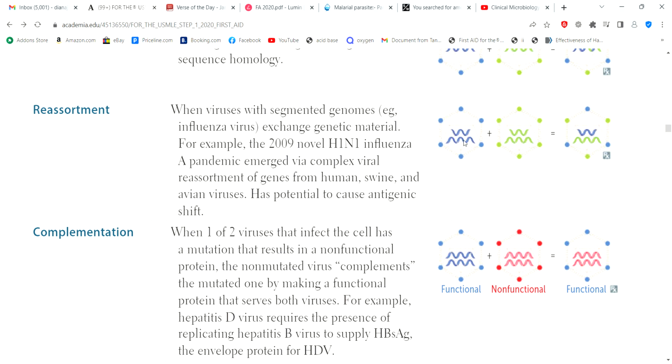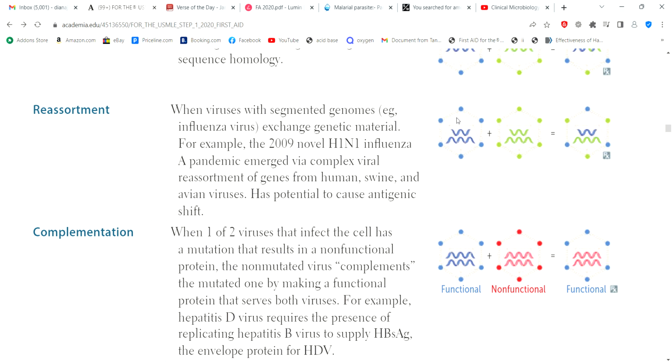So you see this right here. When viruses with segmented genomes, what are genomes? Segmented genomes are segmented RNA or DNA, like the influenza virus, exchange genetic material, like you see here.